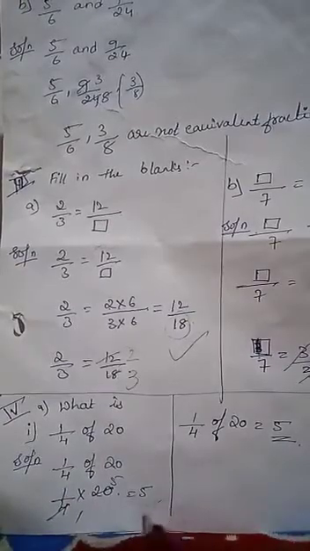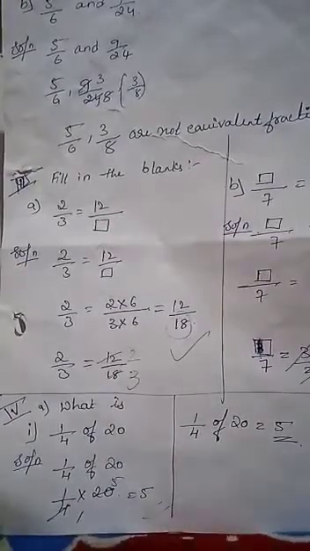See here, 1 by 4 is already in the simplest form. We can't cancel it, and we have to go with the cross. For cancellation, we have to do it crosswise. So, 4 and 20, in which table do they go? 4 ones are 4, 4 fives are 20. So 1 into 5 will be 5, and 5 will be your answer.